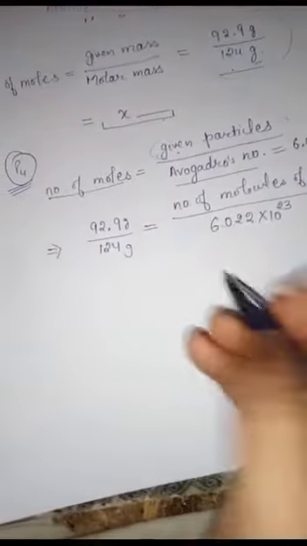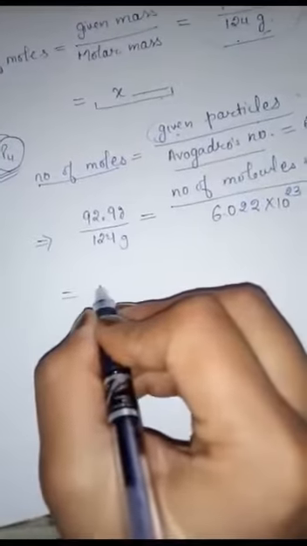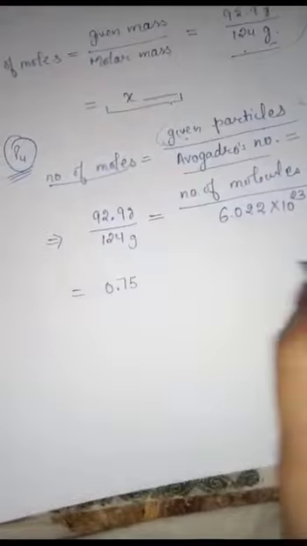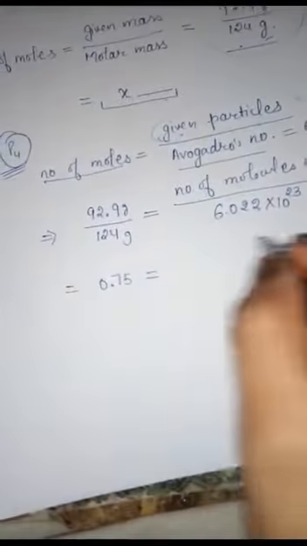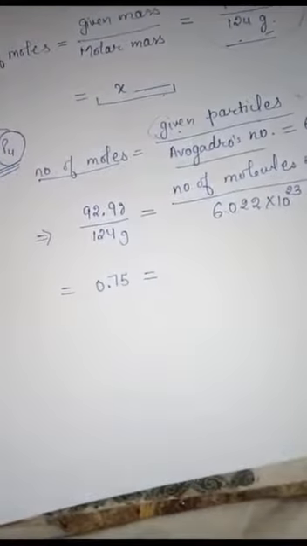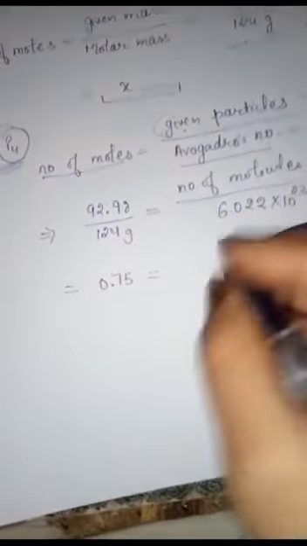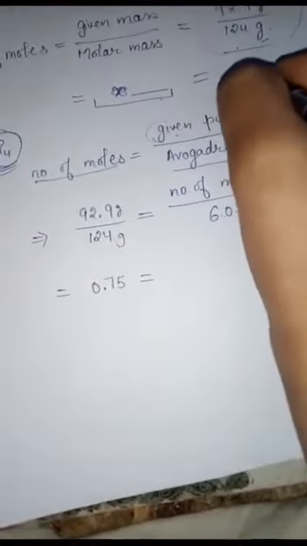So when you solve this, it will come something like 0.75, which I had written as x.